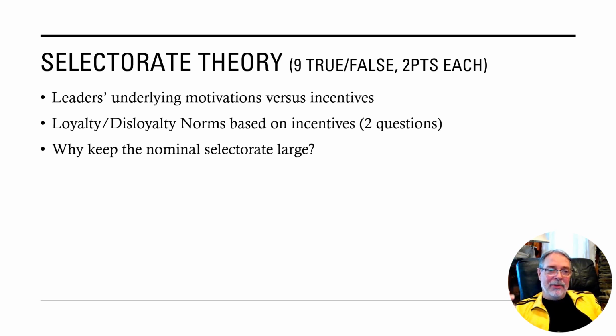And so his problem is he doesn't have a large selectorate. So it's going to be harder for him to replace people, because who have you got that's ready to go? It's a small and ill-defined pool. And that's, I think, one of Putin's big problems. So that's why you keep the nominal selectorate large.